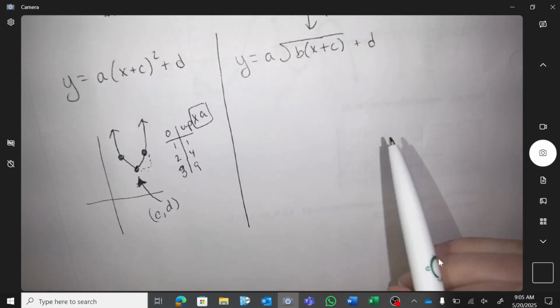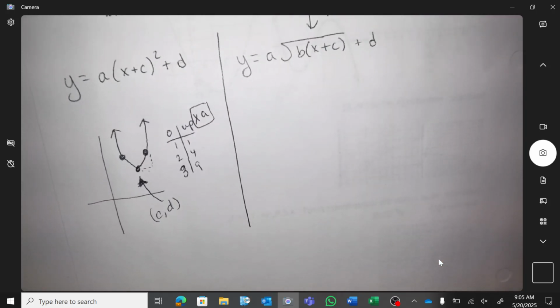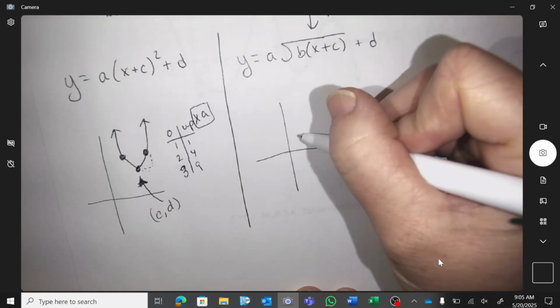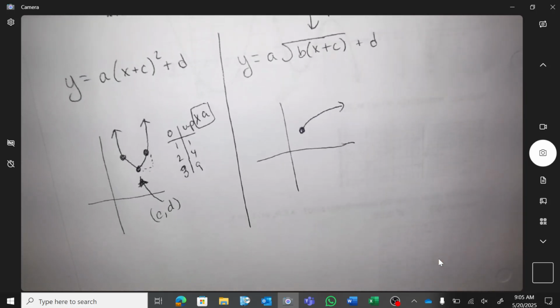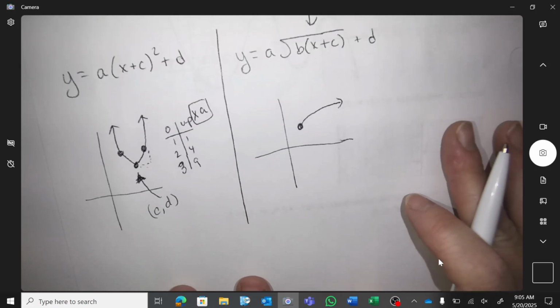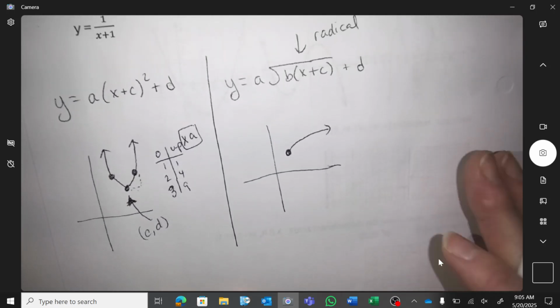So quadratic is squaring, radical is square rooting. Okay, I'm just giving you a very quick snapshot here. So that's what a radical looks like.